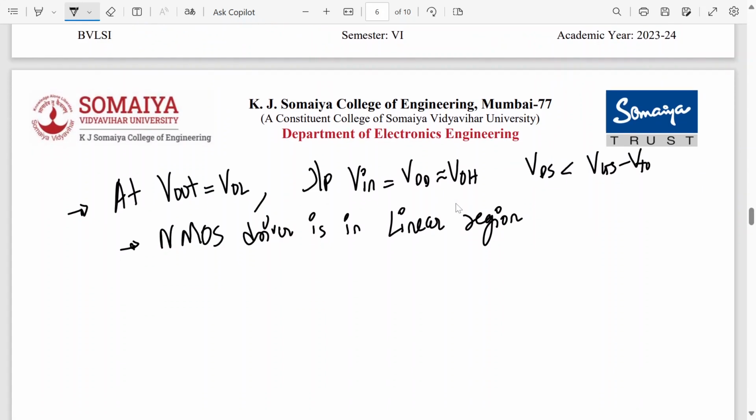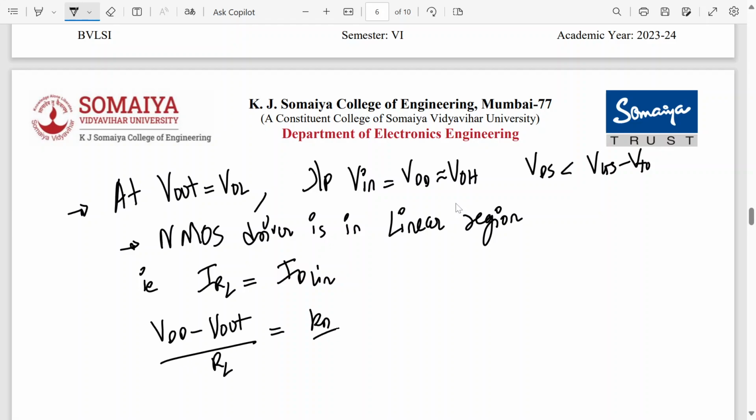And during steady state condition, we can say IRL is equal to ID linear, which is VDD minus Vout upon RL is equal to Kn by 2 twice VGS minus VTO into VDS minus VDS square.